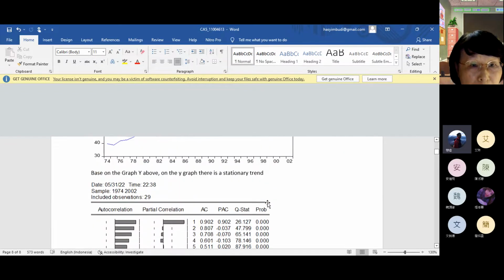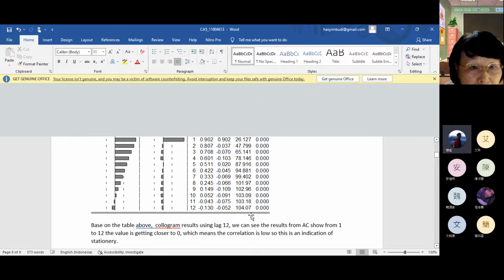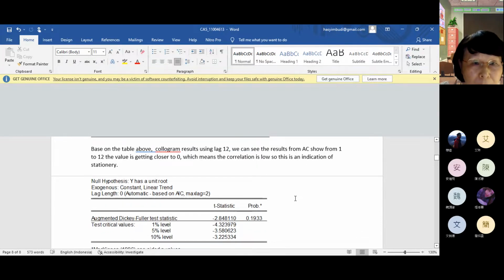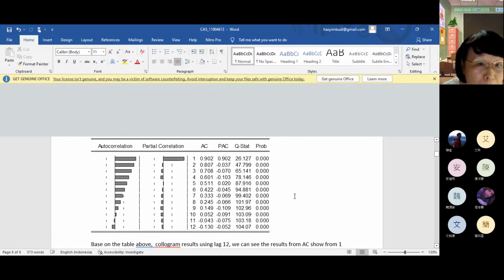What result do you see from this correlogram? Yeah, the stationary properties give a different indication. That's why I want to ask a question, bro. Why is the indication different between the correlogram and the test? Move to your correlogram first.